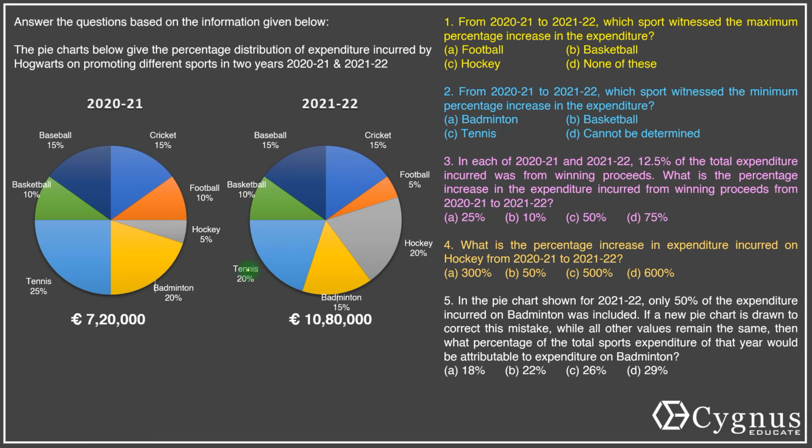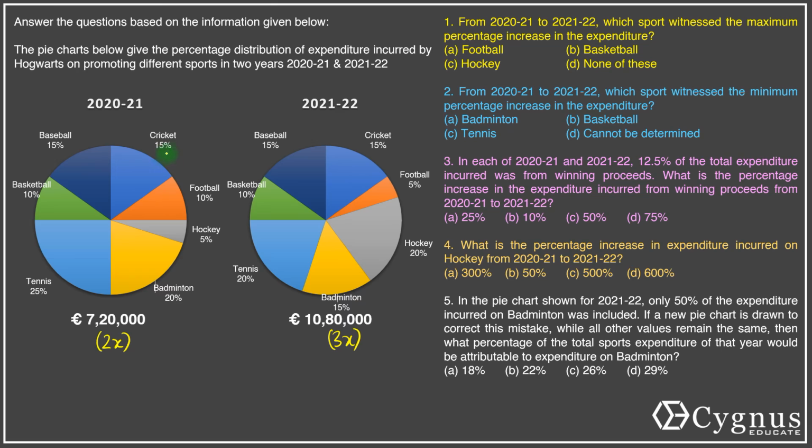The first question asks us to find which sport witnessed the maximum percentage increase in expenditure. Now, let's consider that this pie chart has a base 2x, whereas this pie chart has a base 3x. Now, cricket from 15% on 2x becomes 15% on 3x.